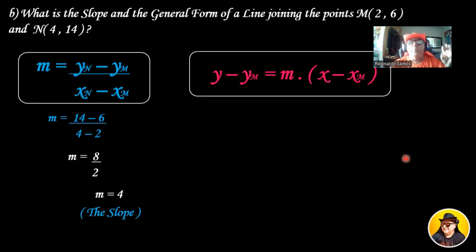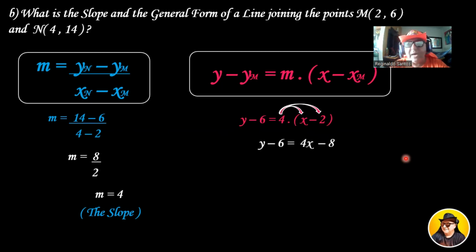Now let's plug the values in that formula. We have that y minus 6 is 4, the slope, times x minus 2. And 4 times x, and then 4 times minus 2. So we have y minus 6 is 4x minus 8. Moving y and minus 6 to the right side of that equation, we have that 0 is 4x minus 8 minus y plus 6.